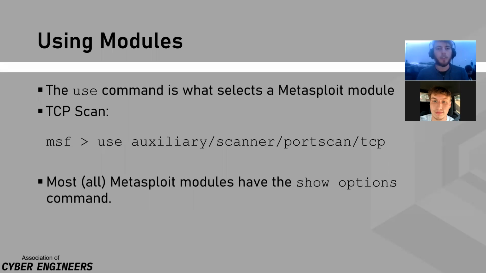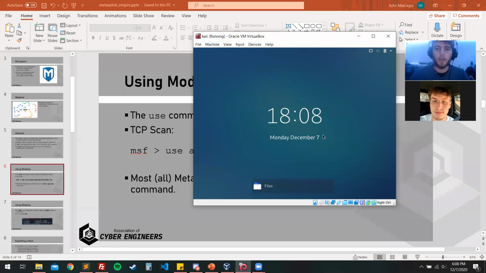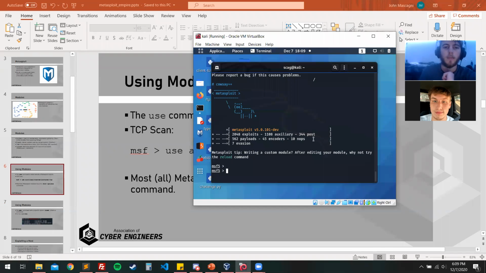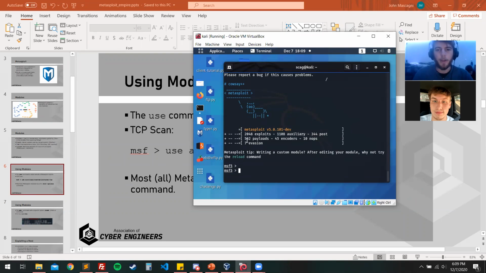So using modules, I'm going to pop open into my virtual machine. So I've already got Metasploit opened up. As you can see, there are about 4,000 different modules.